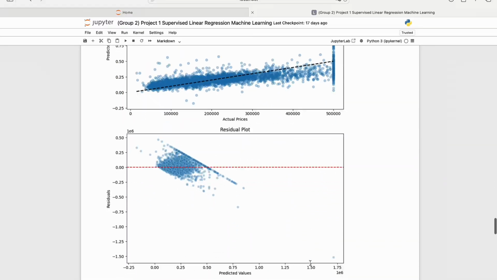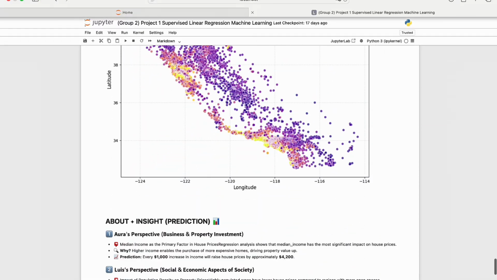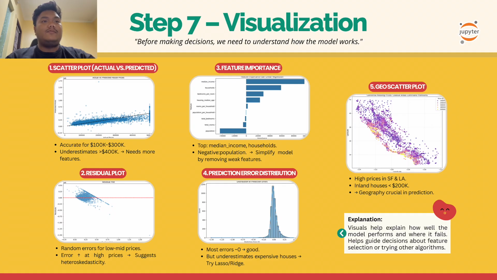Step 7 is about the visualization. To further analyze our model accuracy, in step 7 we visualize key insights to better understand how the model performs and identify areas for improvement.